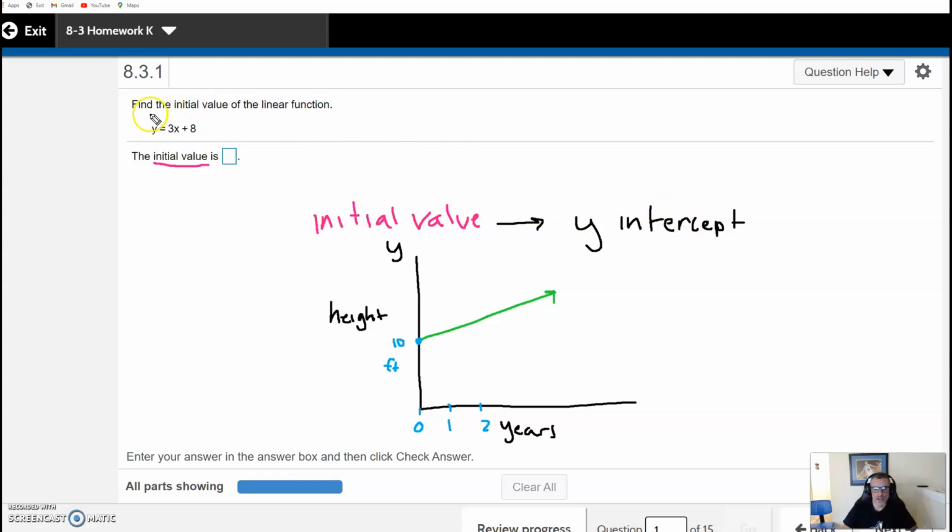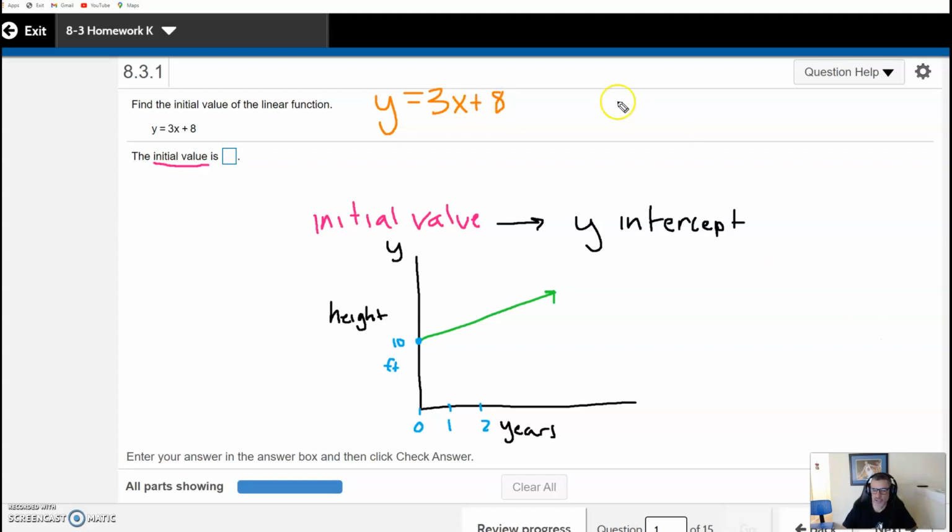So question 1 says, find the initial value of the linear function, and they give us a linear function right here. I'll go ahead and rewrite it bigger. Now, remember, all linear functions can be written the same way.